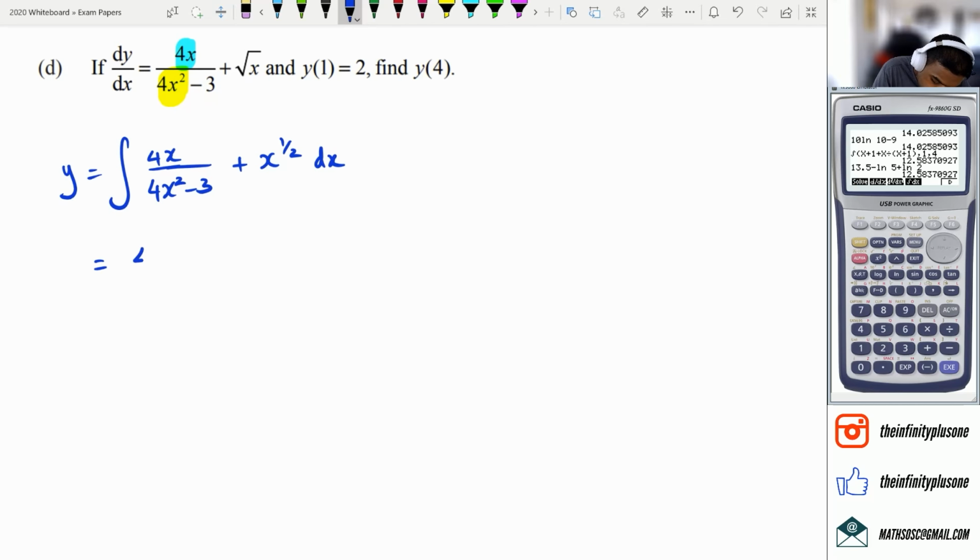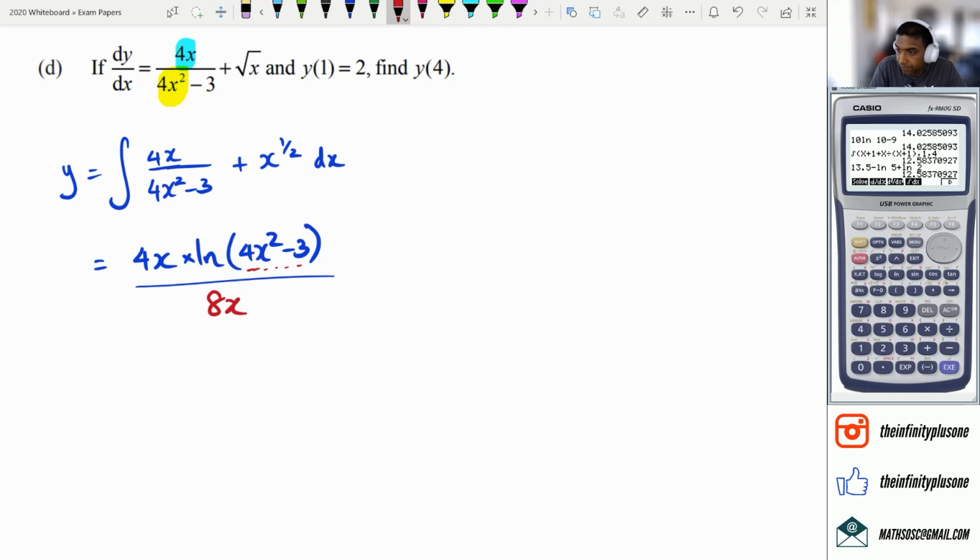So I'm going to rewrite this as 4x multiplied by ln of 4x squared minus 3, and I've got to divide by the differentiation of this, which ends up being 8x, plus x to the power of a half plus 1, divided by a half plus 1. And of course, it needs the plus c as well.